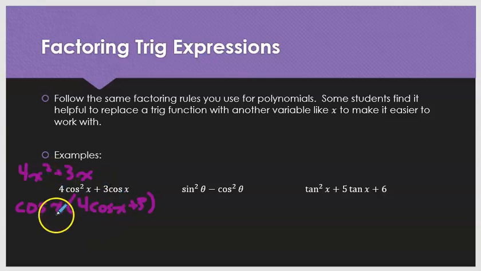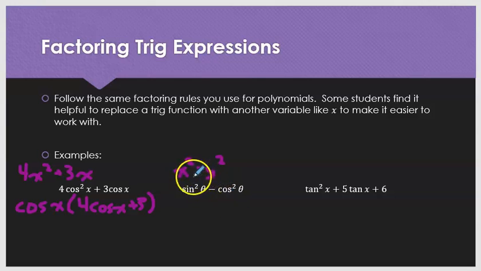But this saves time if you can get comfortable with just doing it straight from the trig expression as is. For the next example, here I have a difference of squares factoring. So if I wanted to substitute, I would need to use a different variable for the sines and the cosines. And then at the end, every x would be replaced with sine and every y would be replaced with cosine. But again, I'm going to try to show this using just the trig expressions as is.